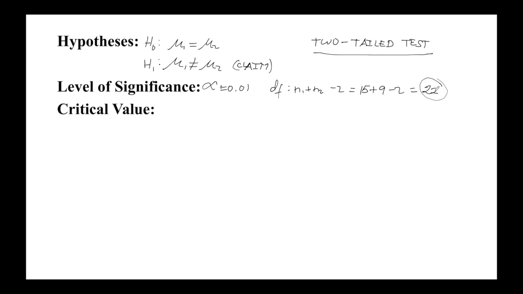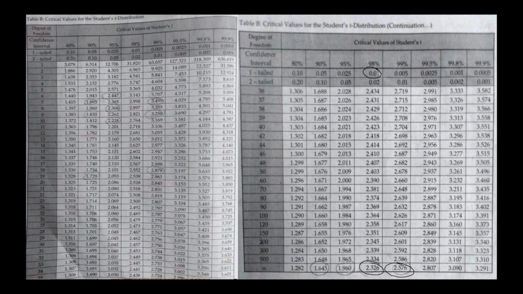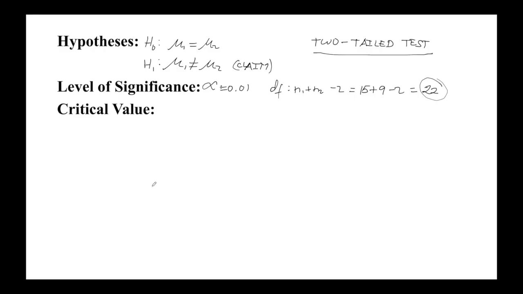So let's check it on our table. Two-tailed test, 0.01, and 22 degrees of freedom. Here, we have 2.819. This will be our critical value.